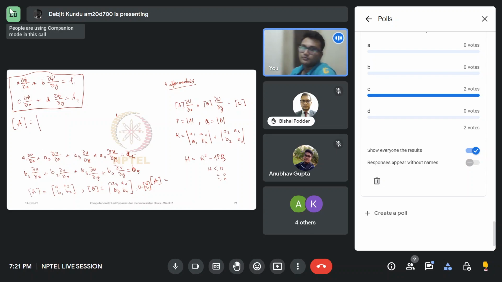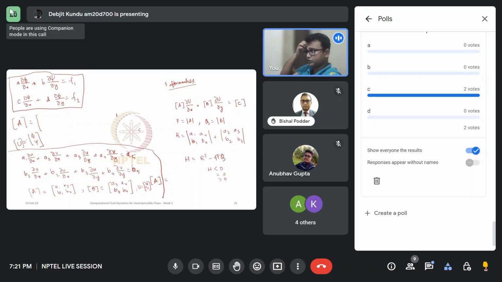So what would be the component of A? Can someone please help me along? So here our U would be phi psi like this. So what would A be? The components of A, what would they be?